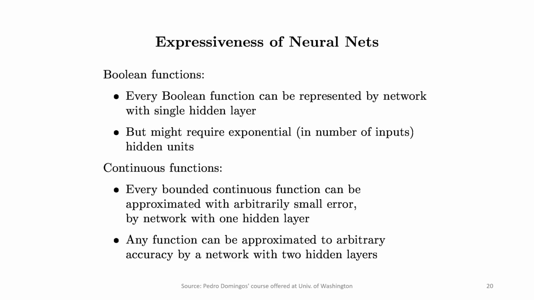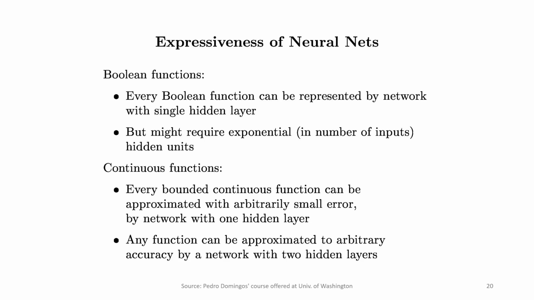Finally, expressiveness of neural networks. You can show that they are quite expressive. In fact, every Boolean function can be represented by a network with a single hidden layer. That may not be very difficult to prove, right? In fact, think about this proof. You can also think of it as homework to formally prove that this statement is true.